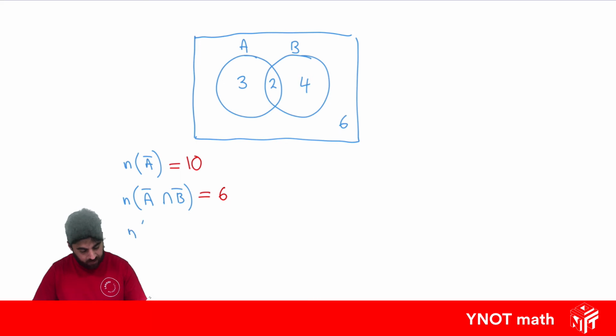What about the number of elements in A union B? Well, these are going to be the number of elements altogether in A and B, so they just have to be in A or B. So as long as they're in A or B, we count them up for the number of elements, and that's going to give us 9.